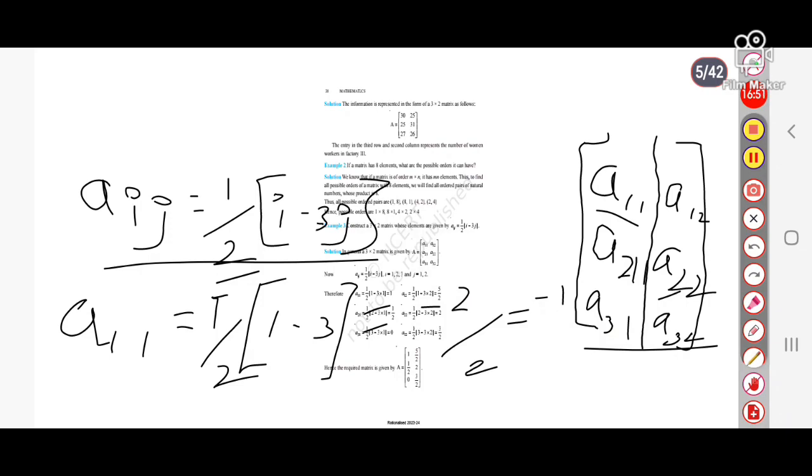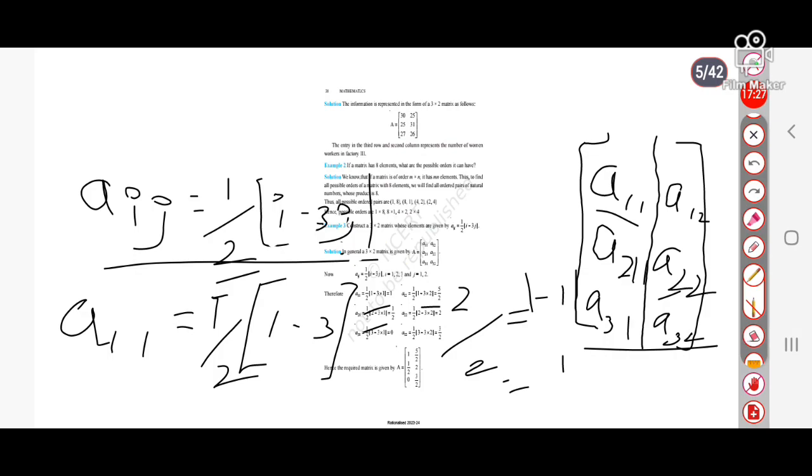We arrive at the answer minus 1, but the answer that has been given in the example is 1. Why? Because the question given here is not a bracket, it's a modulus, right? Inside the modulus, whatever number is generated will be positive.